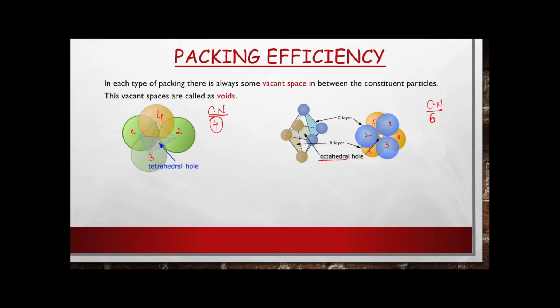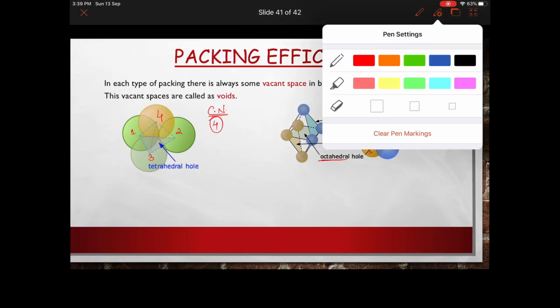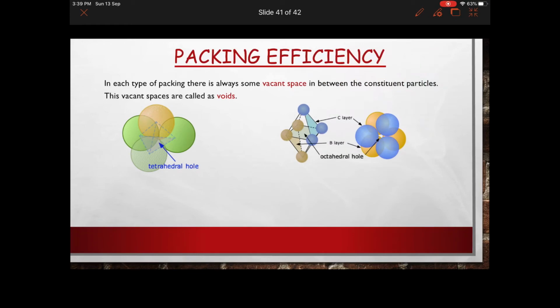Why? You can go back in the video and see why, since I have explained it, and you can comment below. I'll be looking forward to your comments, but for now let's move ahead and talk about packing efficiency.